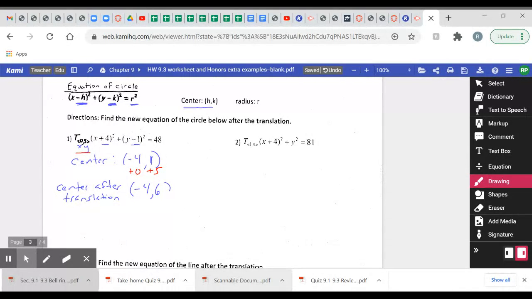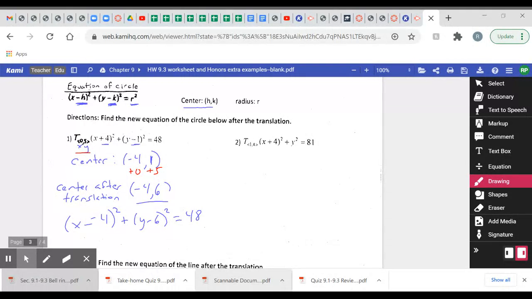And now I just need to write what my new center is. So if I plug this center into the equation of the circle formula, I'm going to have x minus, which is part of the equation, and negative 4 is what I'm plugging in. And then I've got to square it, plus y minus, which is part of the equation, 6 is what I'm plugging in, and that's squared. And it's equal to 48. That didn't change. Okay.